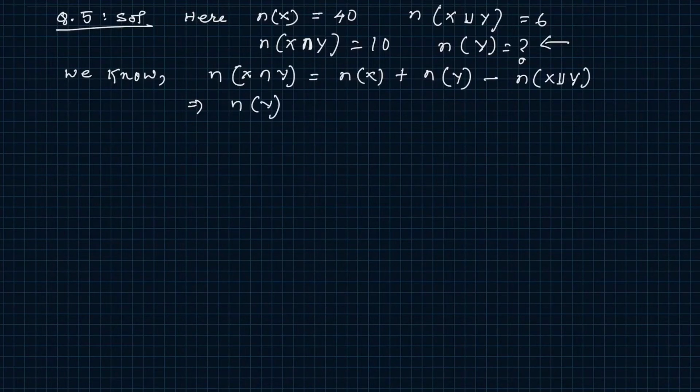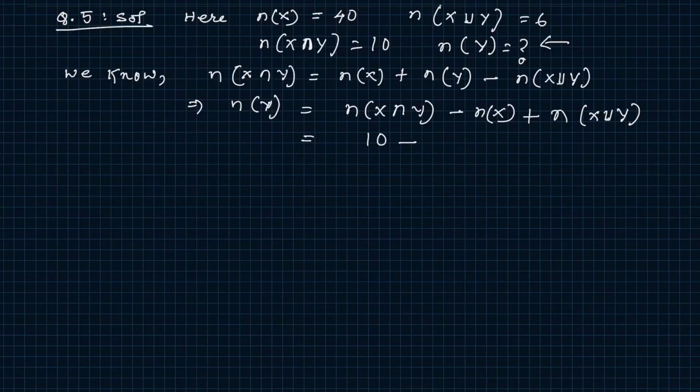The number of elements in Y is going to be equal to the number of elements in X intersection Y minus the number of elements in X plus the number of elements in X union Y. Now put the given values here: this is 10, this is 40, and this one is 60.